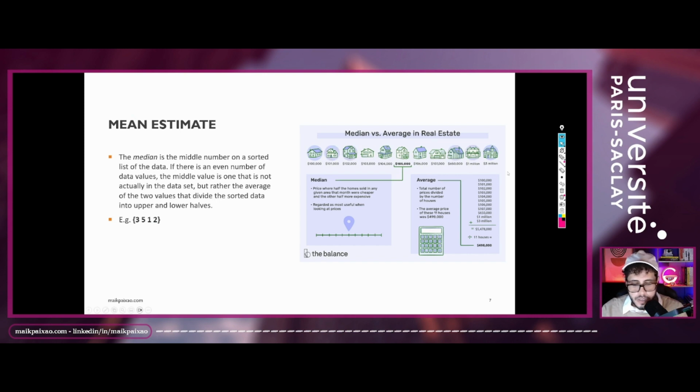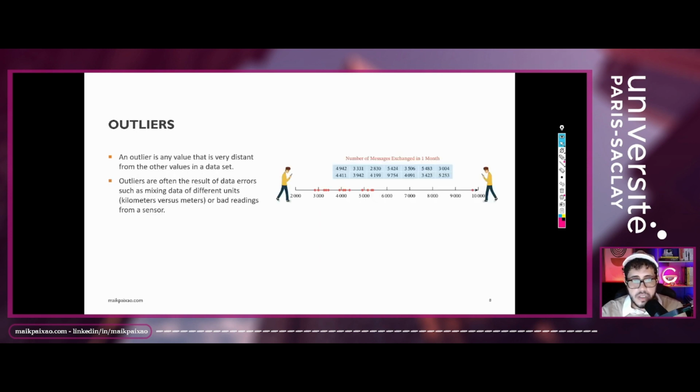And actually this is a very important topic, because if we were to analyze this, maybe we would consider these three last houses as outliers, because their values diverge a lot from the majority of the houses.